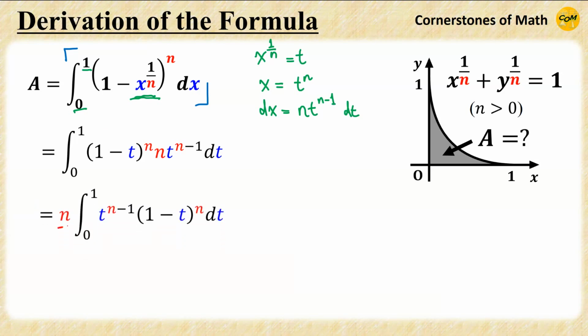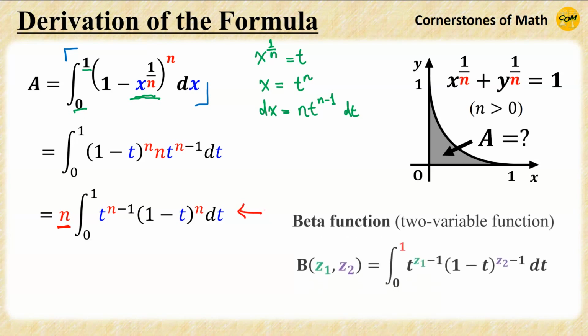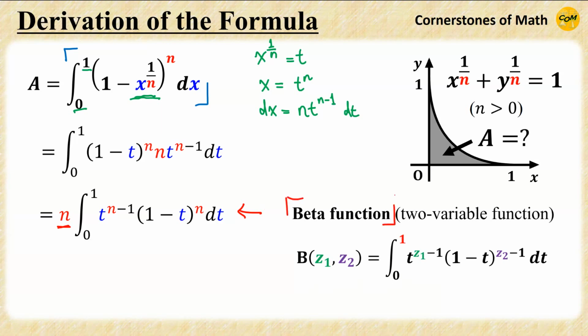Let's take n out to the front and write it as the integral of t to the power of n minus 1 times (1 minus t) to the power of n. The reason why I am doing this is because this particular form of function also has a special name, the beta function.